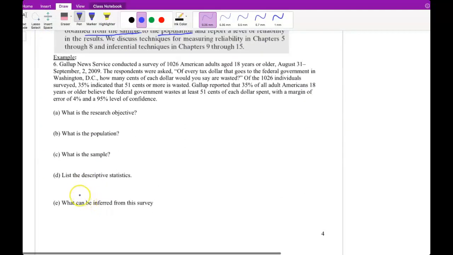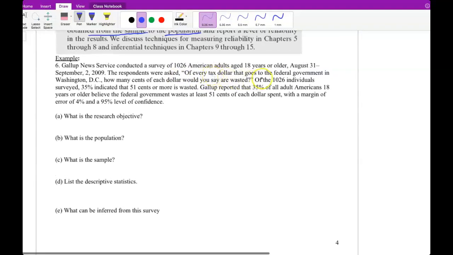Okay, now working on this example. So here we have a survey of 1,026 American adults. They were asked, of every tax dollar that goes to the federal government in Washington DC, how many cents of each dollar would you say are wasted? So this is the question we have.